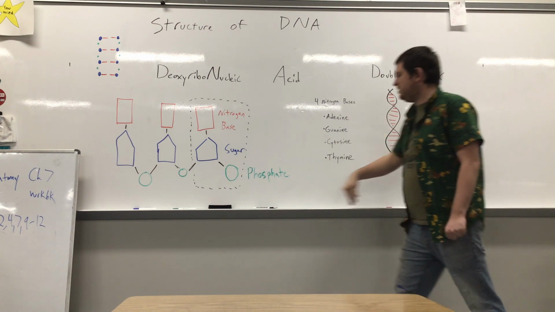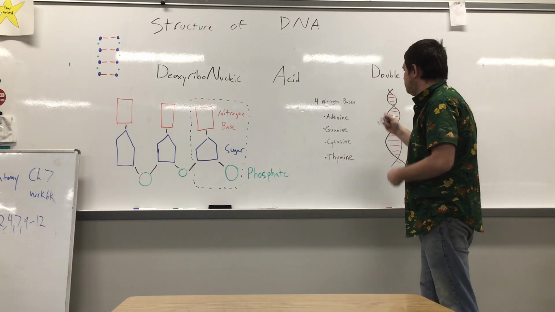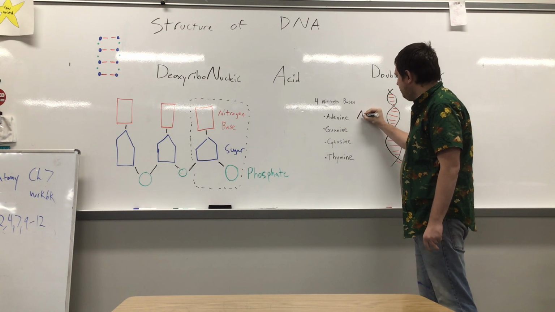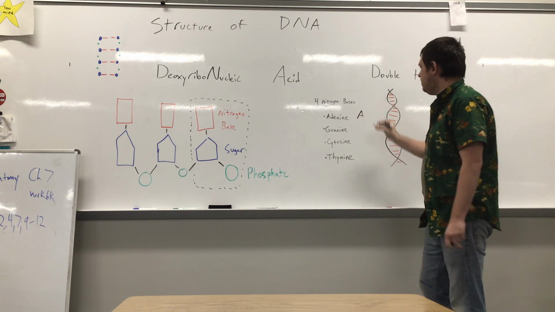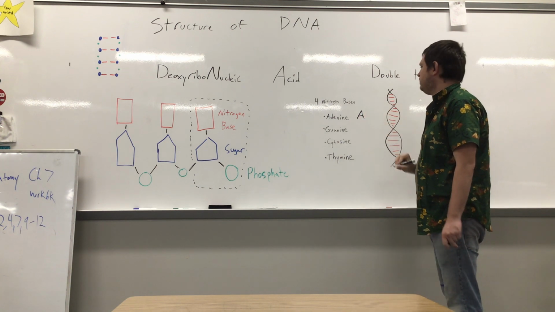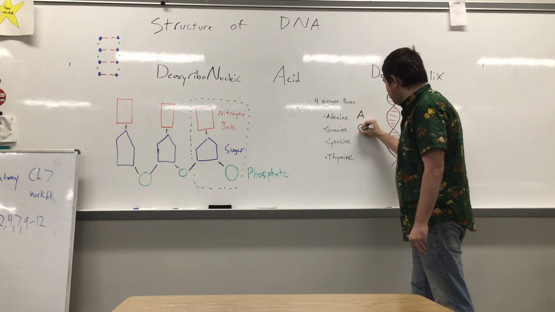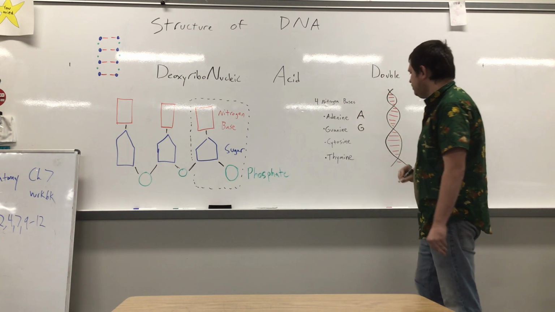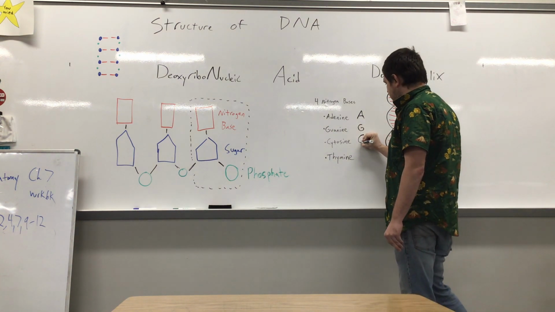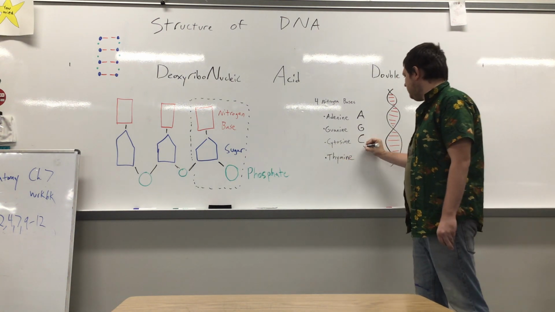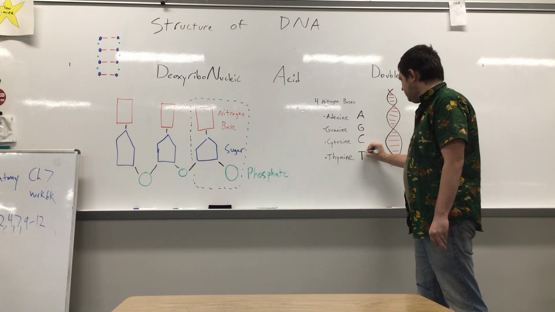The first one is adenine, which when we look at it in DNA, we will abbreviate by the first letter A. We then have guanine, which we will look at the first letter G, cytosine, C, and thymine, T.